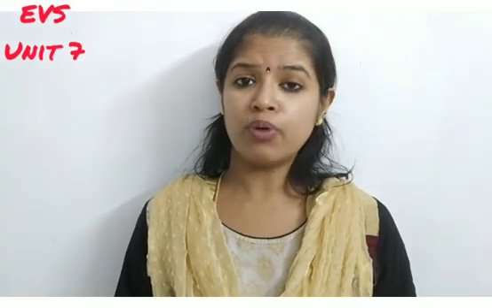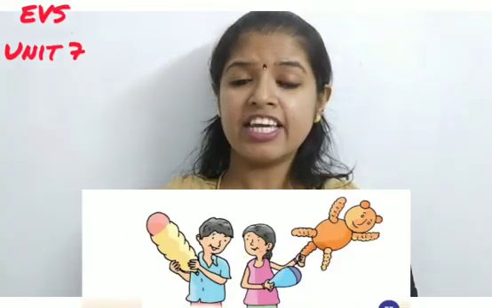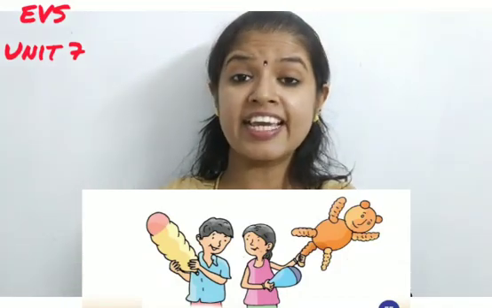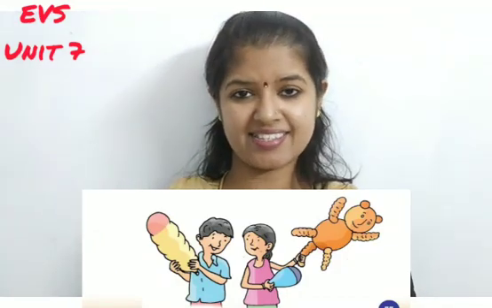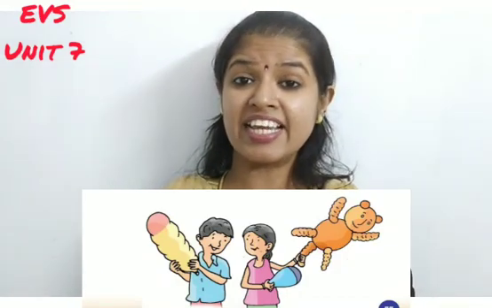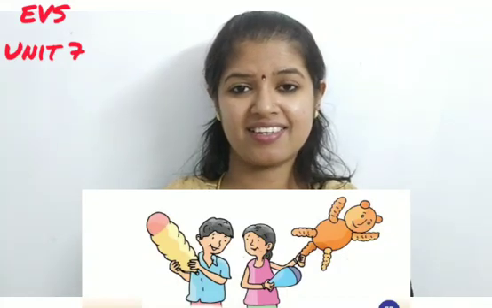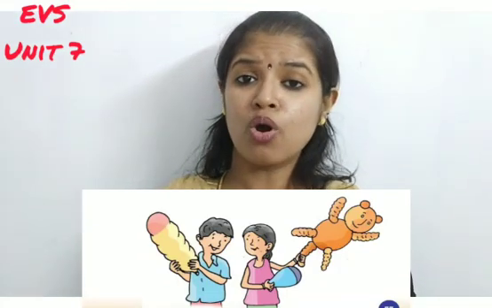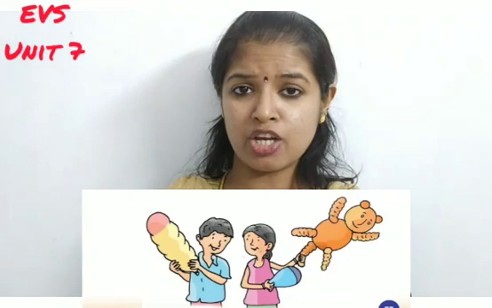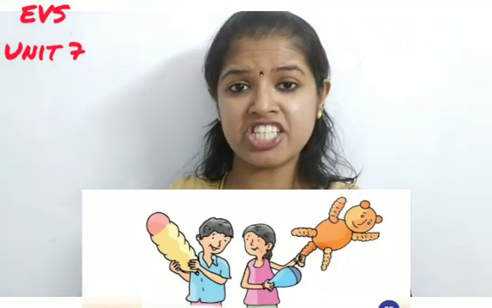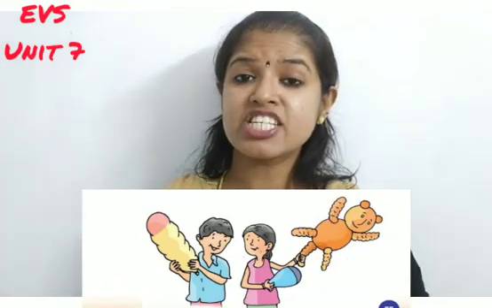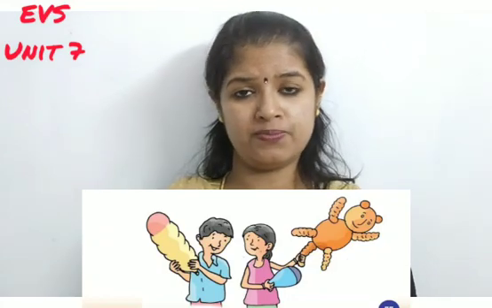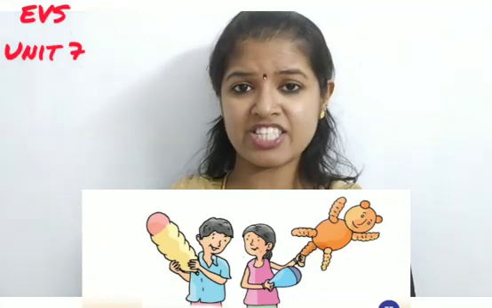Children, when you blow air into the balloon, it increases in size. That means it inflates. And when you blow air into a balloon which has a different shape, it takes the shape of that balloon. Have you noticed that, children?